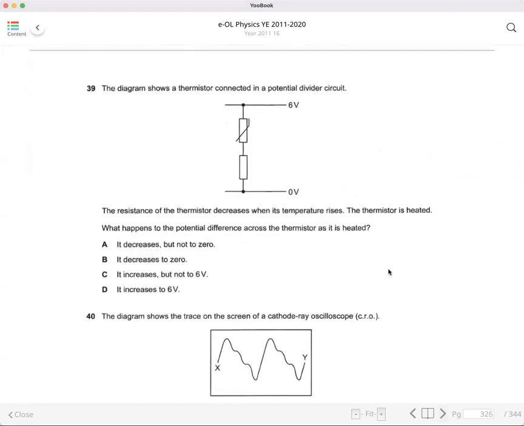Question 39. Okay, this question is quite similar to a previous question.